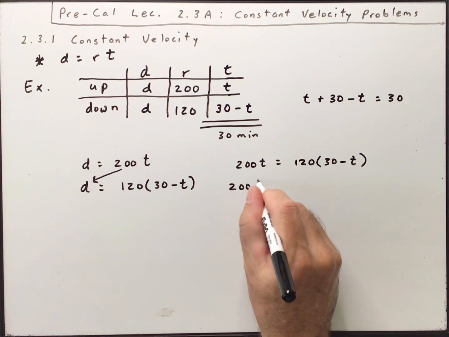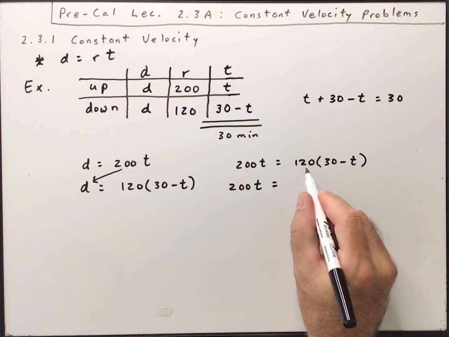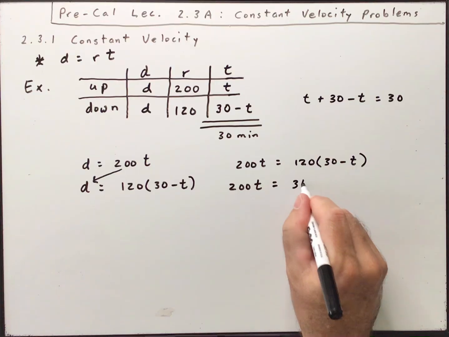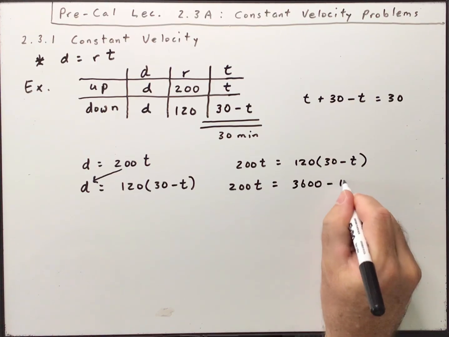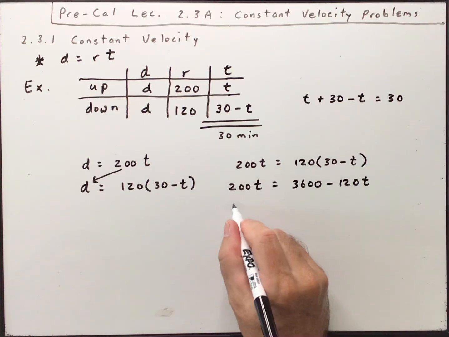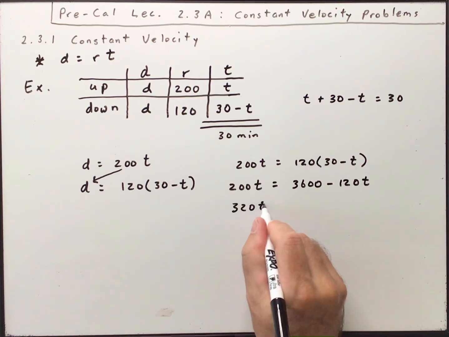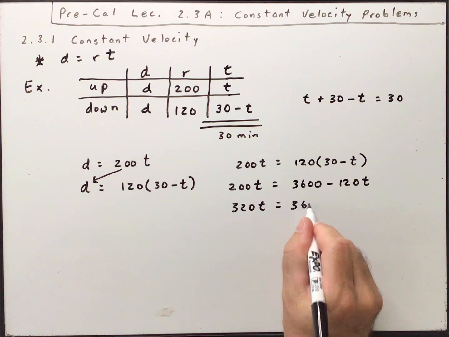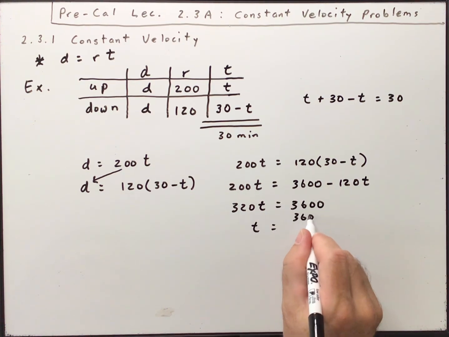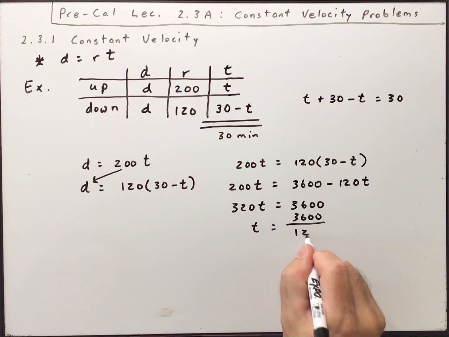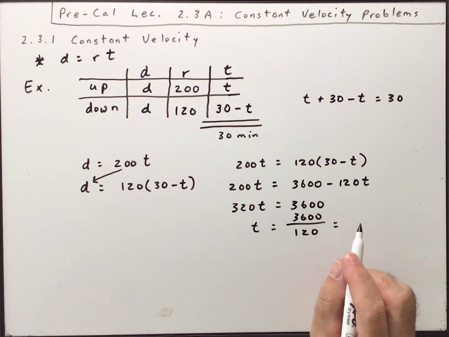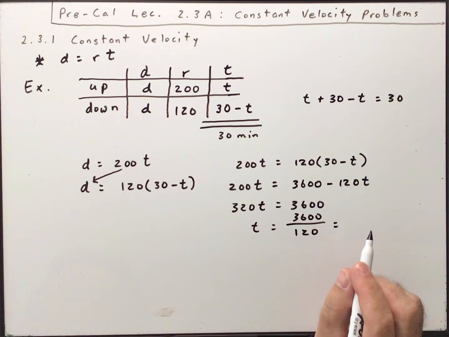So 200t is equal to 120 times 30 is 3600 minus 120t. So if we add 120t to both sides, we'd have 320t on the left is equal to 3600. So t is equal to 3600 over 120, which is 11.25 minutes.